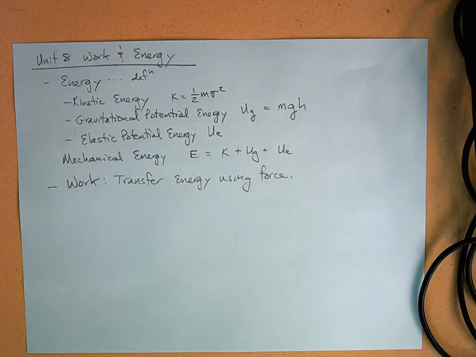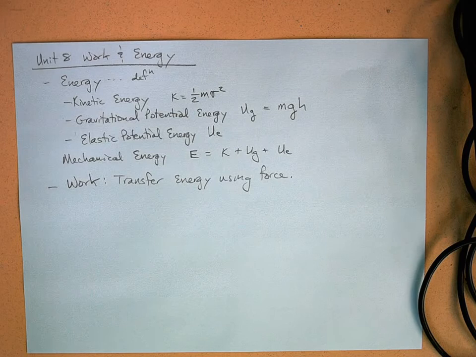I'm transferring the energy that was in my arm and the muscles of my arm. I'm pushing through a distance, giving that ball kinetic energy. So that's where the kinetic energy of the ball came from: the chemical potential energy in my arm. I didn't list that up here because it wasn't a mechanical energy, but there's chemical, there's nuclear energy, there's different ways that energy exists in the universe.